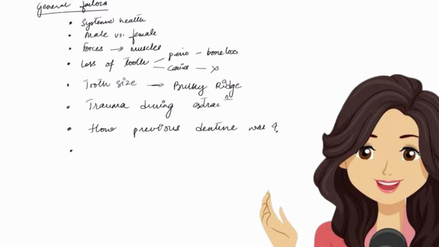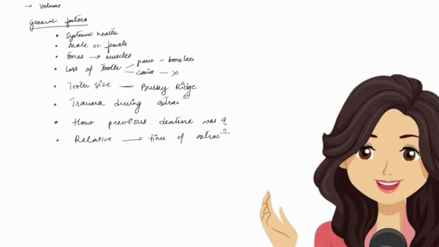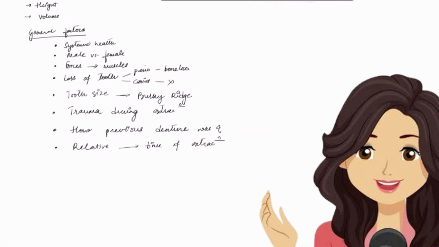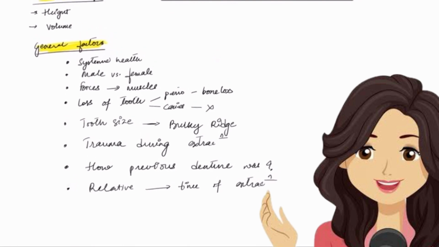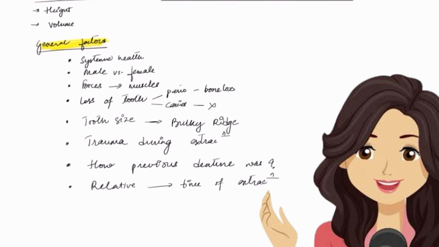And then the extraction history: if anteriors were removed early on and molars were recently removed, you will see uneven height of ridges throughout the residual alveolar ridge. So mainly these are the factors that are going to determine how your residual alveolar ridge is going to be for your particular case or patient.